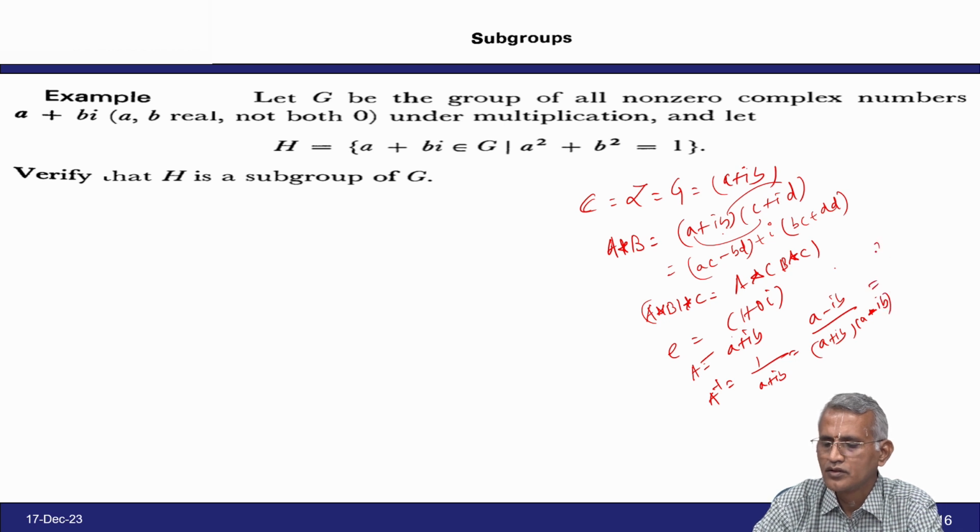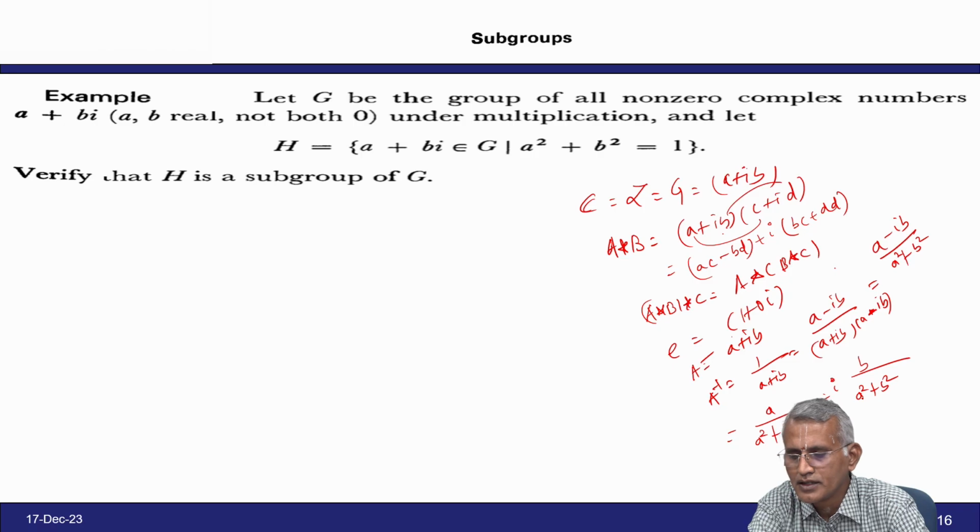This becomes a square plus b square, because i squared is minus 1. Therefore, a by (a square plus b square) minus i into b by (a square plus b square). So, the corresponding inverse can be obtained.